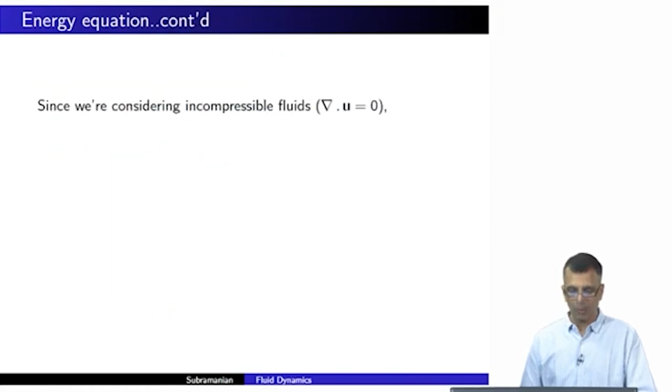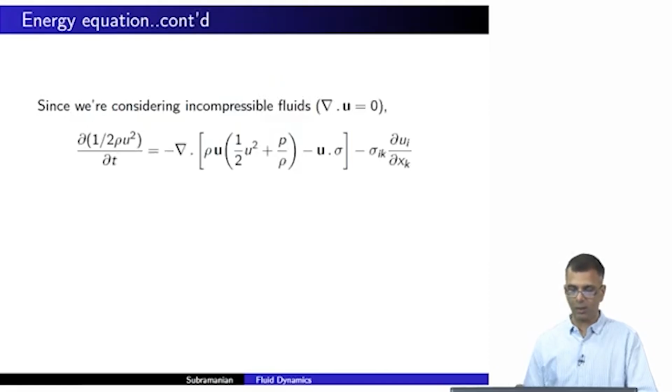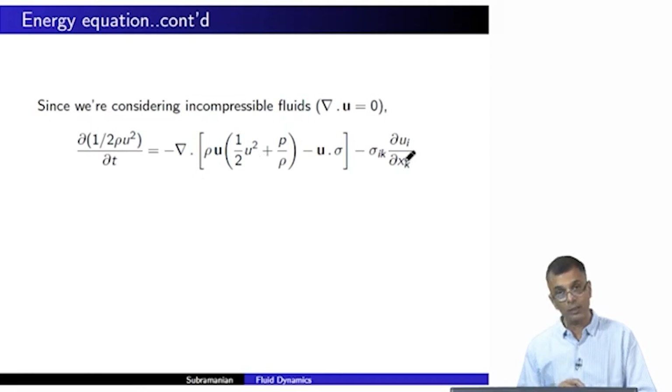Now we specialize to incompressible fluids. Divergence of u is 0. That simplifies this term a little bit, and it becomes like this.